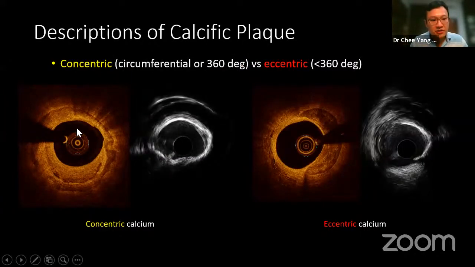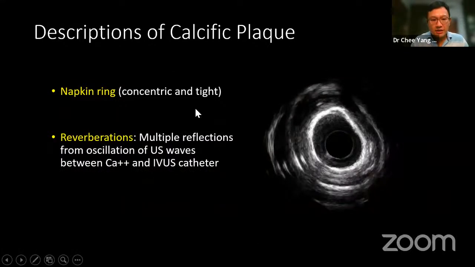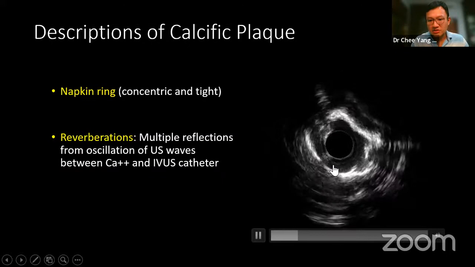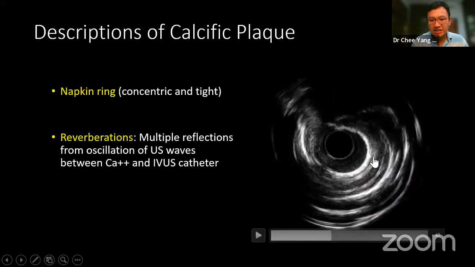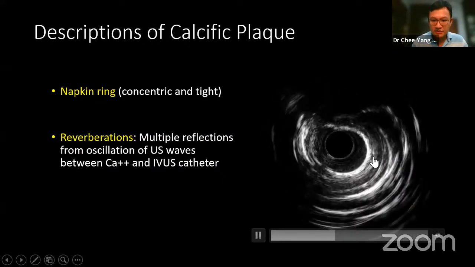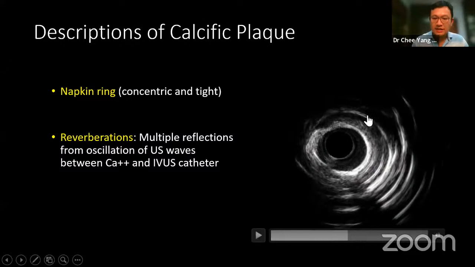Concentric versus eccentric. Concentric usually means circumferential, 360 degrees calcium, whereas eccentric is anything less than that. Another term that we might hear is napkin ring. Napkin ring basically means a concentric area of calcification, which is also very thick, such as in this example over here. And also in this example over here, we see what we call reverberations.